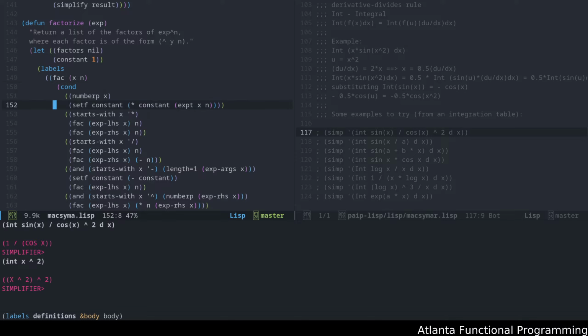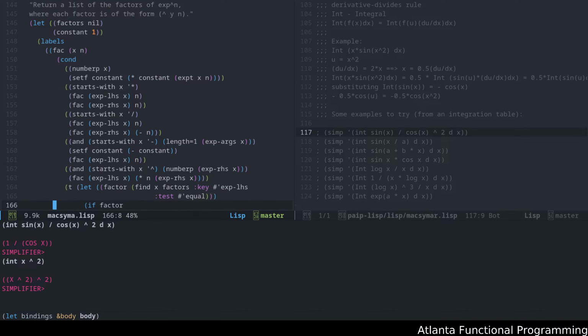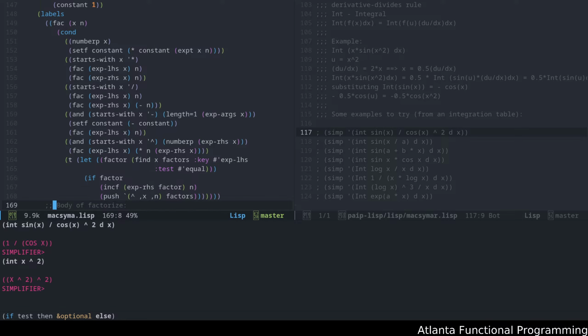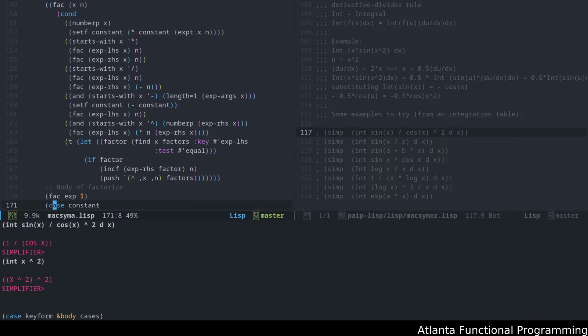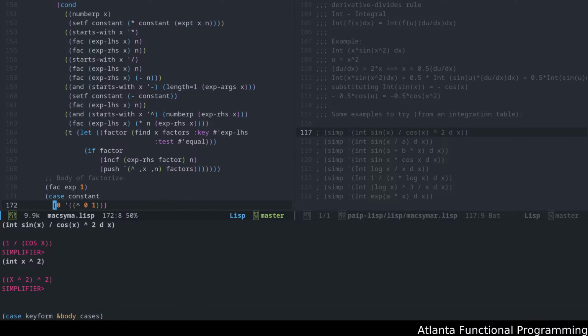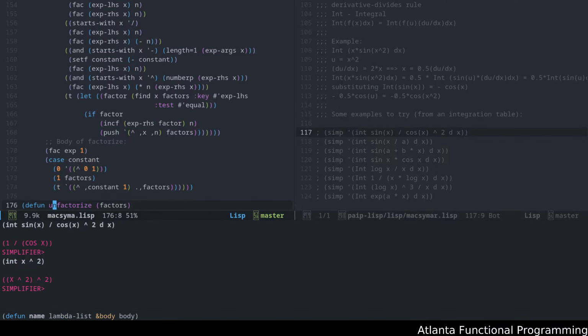And so this factorization piece goes through each of the individual expressions to reduce them to their basic factorized entities, and then it doesn't necessarily use all the rules that we've defined in the integration table.